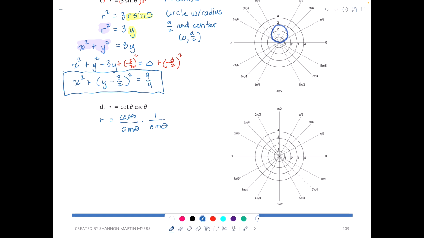I'm kind of okay with the cotangent, but let's multiply both sides by sine theta, because then that's going to give us a y on the other side. Do you see that? So this one will divide out on the right side, and then we will have r times sine theta is equal to, I'm going to put it in terms of cotangent theta. Now, r sine theta we said was y, and cotangent theta is x over y.